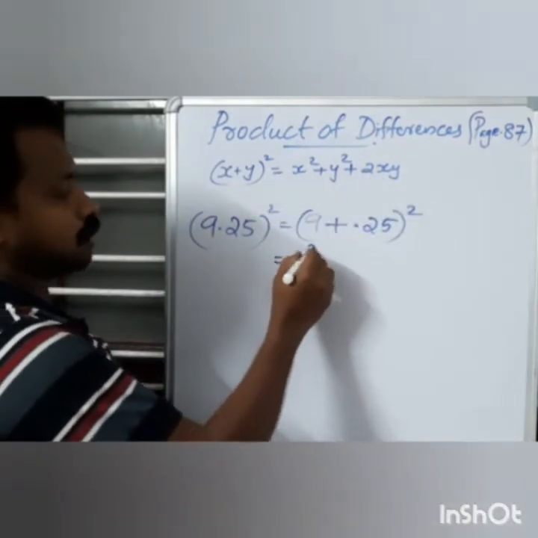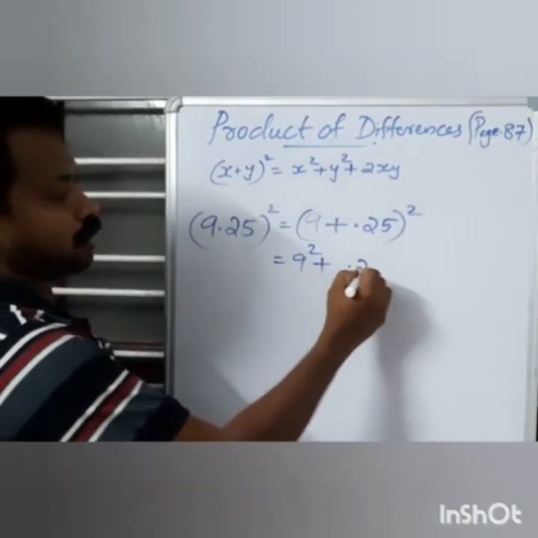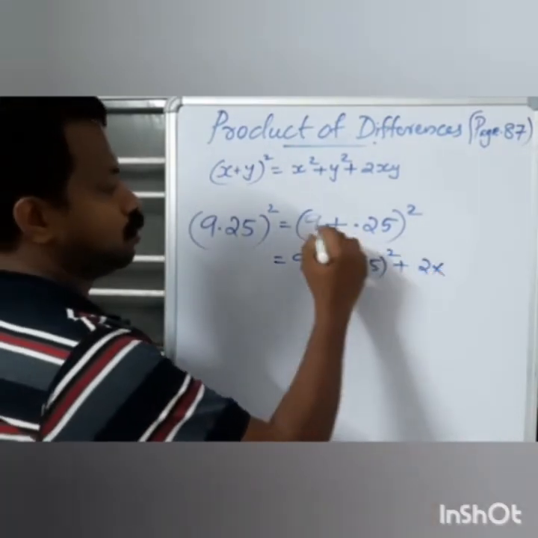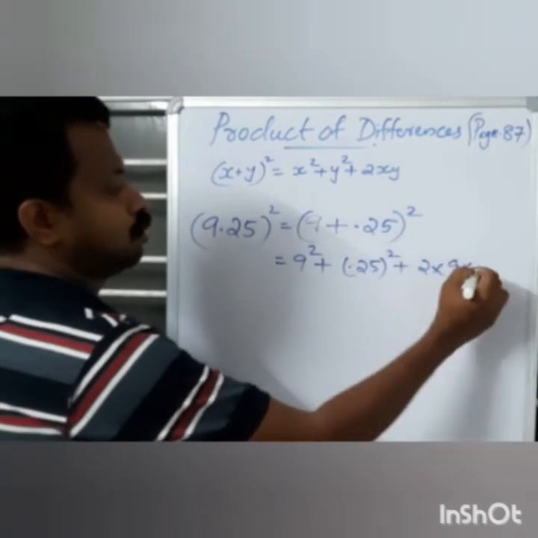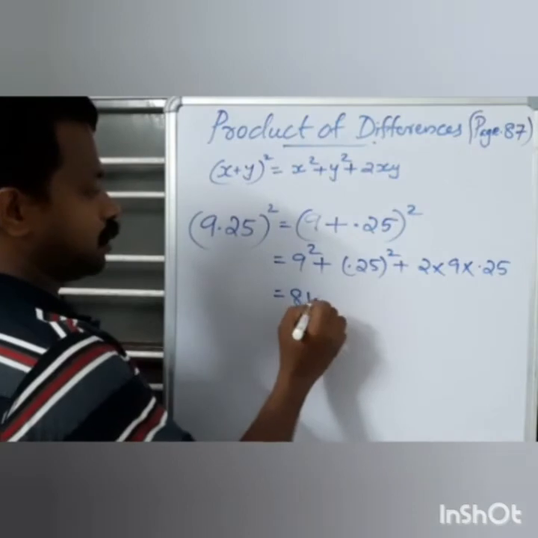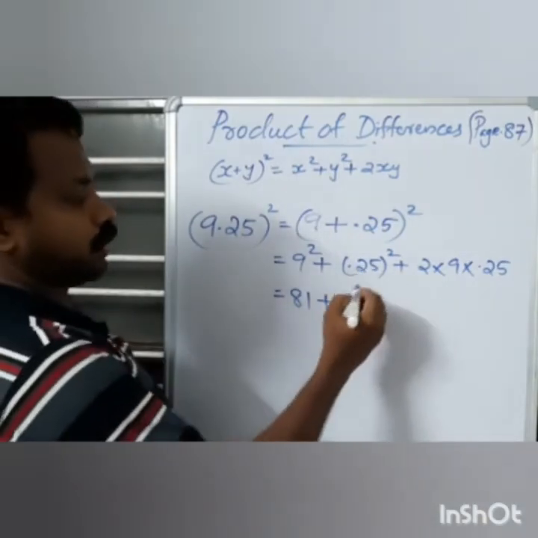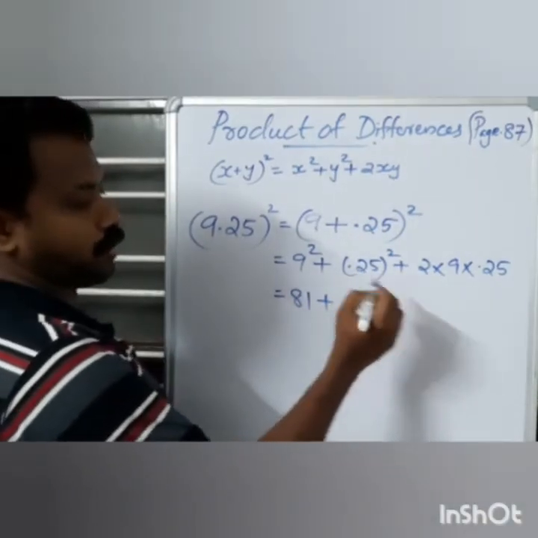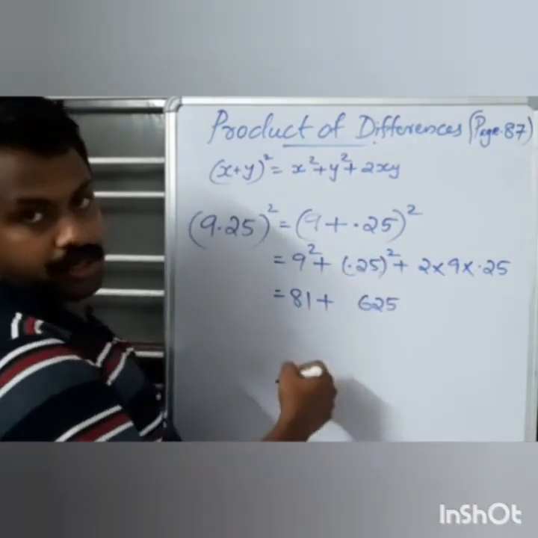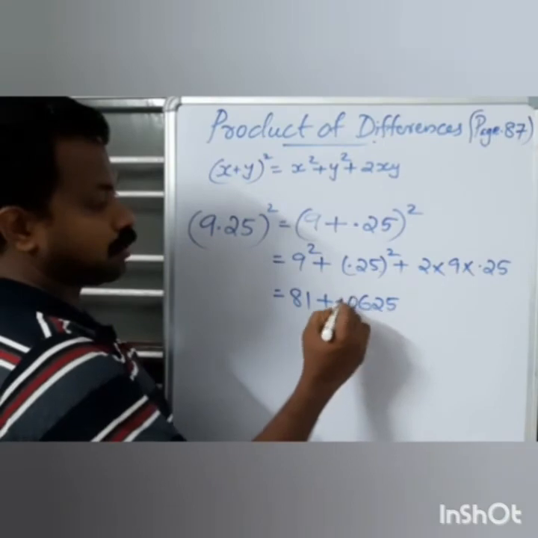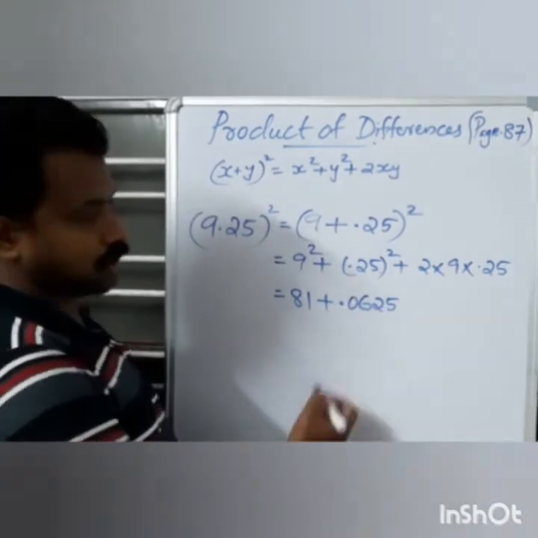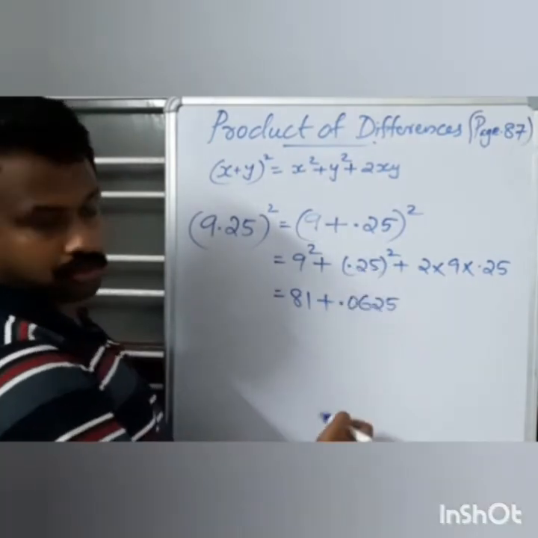So it is 9 square plus 0.25 whole square plus 2 into 9 into 0.25. Here we will get 81 plus 25 square is 625. Here how many decimals? 2 decimals are there. Take the square. So 4 decimals will come. So 0.0625. That is the square of 0.25.